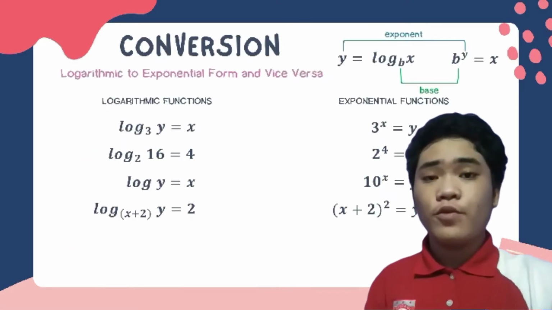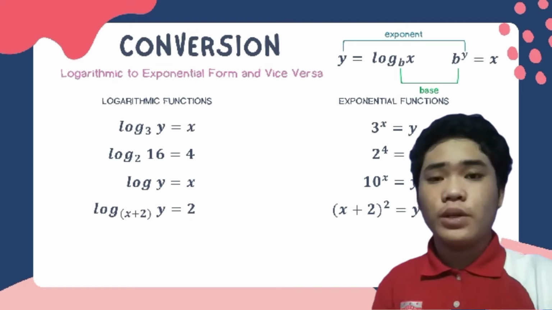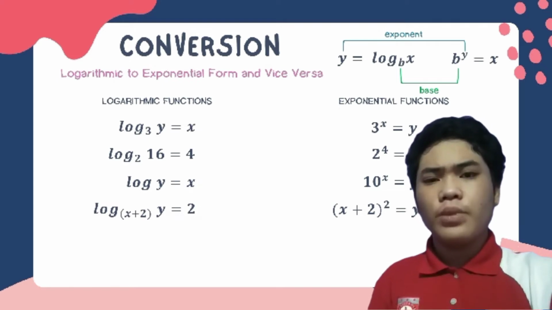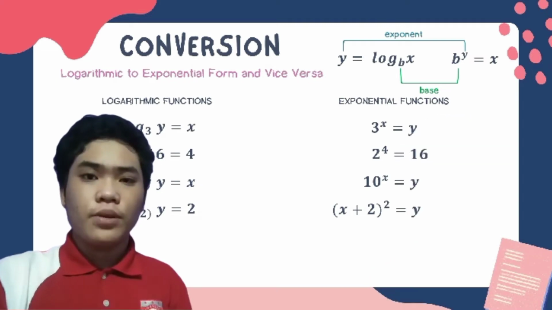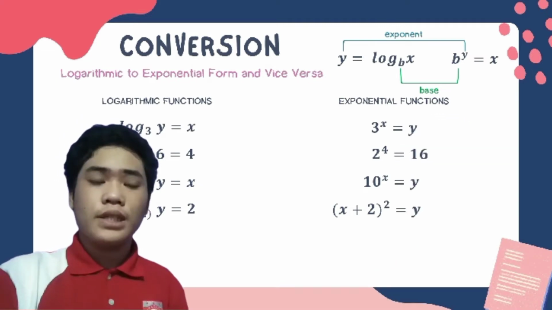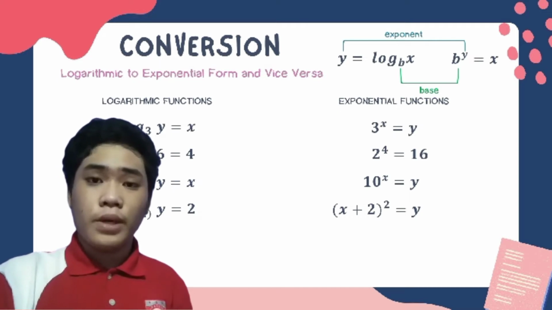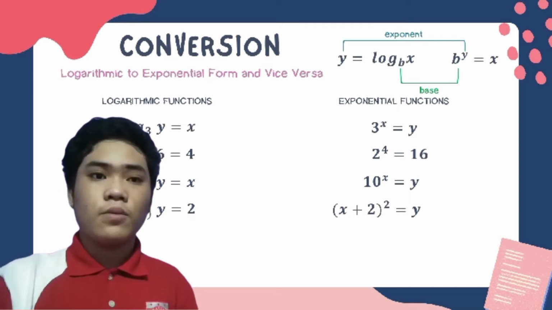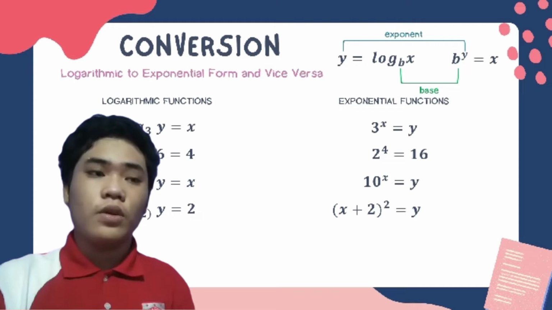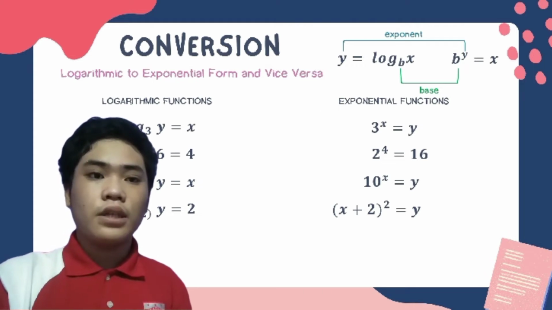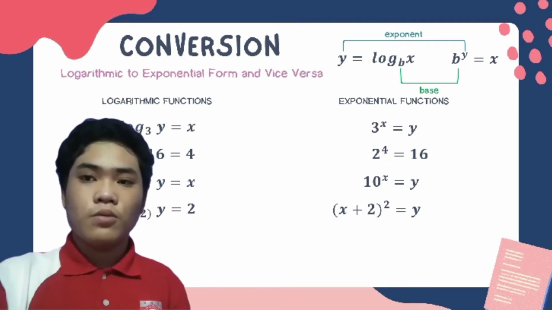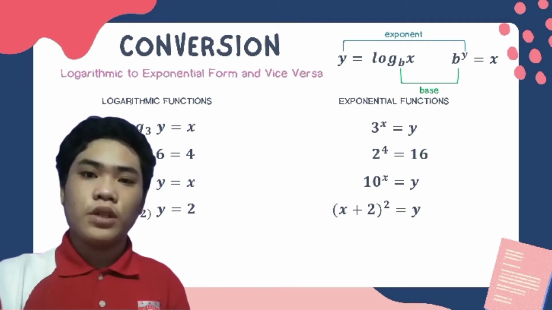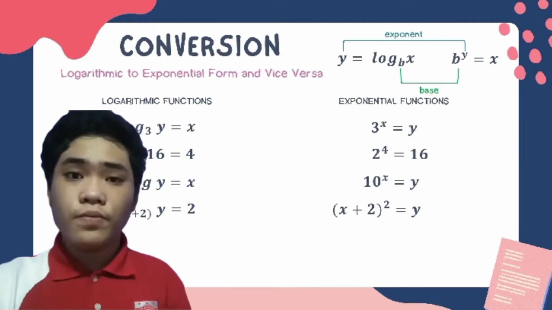Next, we got log base x plus 2 of y equals 2. Now don't be intimidated just because it has a binomial base. It's actually very simple. All you have to do is just like before: put the base, turn the equivalent value to the exponent, put it beside the base, and then take the expression from the logarithmic function and turn it to the equivalent value in the exponential form, and there you go.